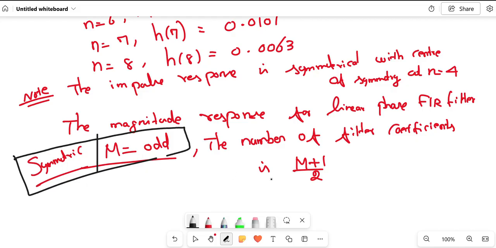Symmetric and M odd, then the number of coefficients will be M plus 1 by 2.